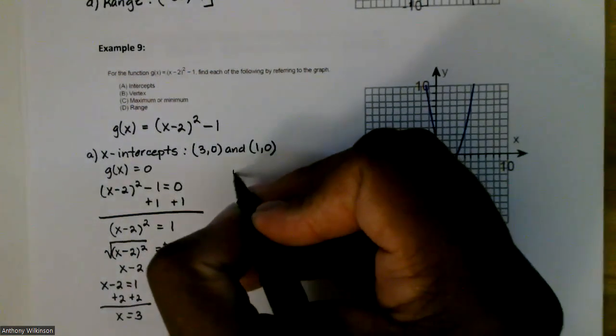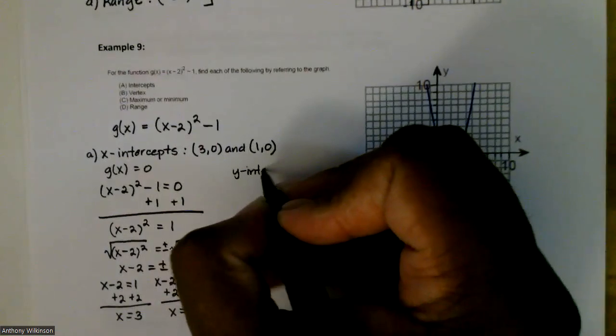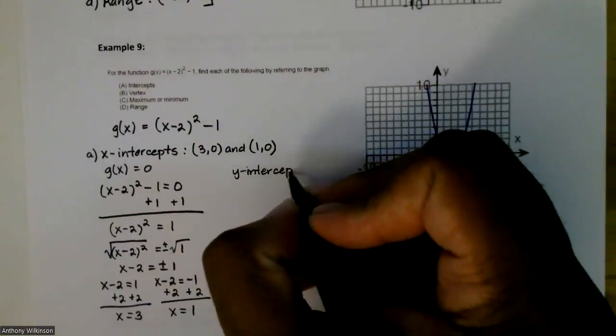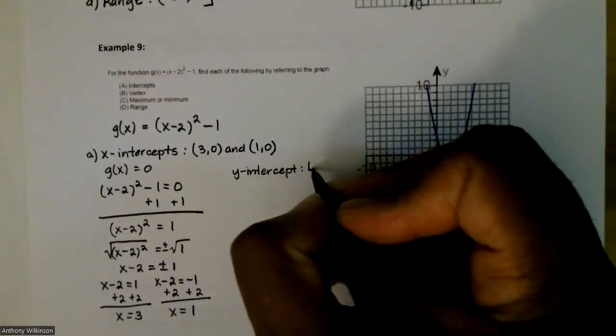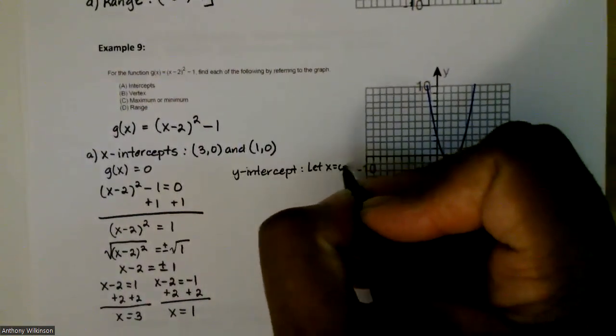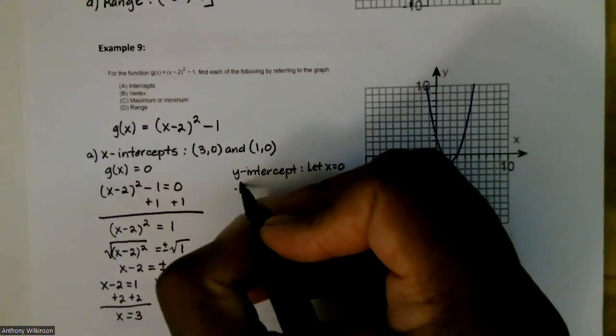Now for the y-intercept, of course, we just let x equal 0. So we just evaluate g of 0.